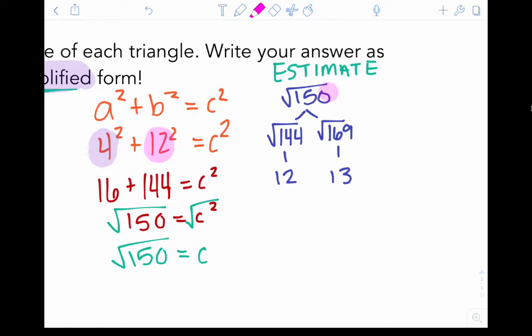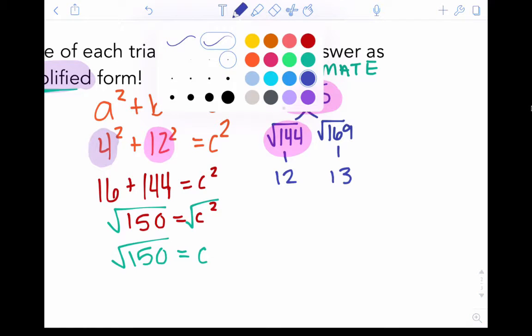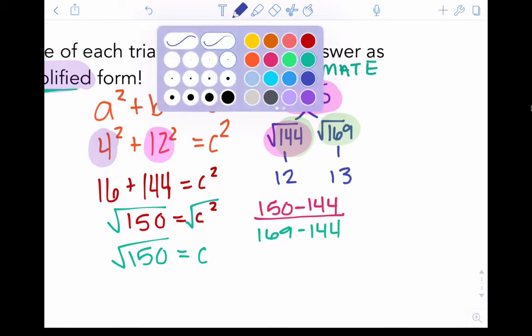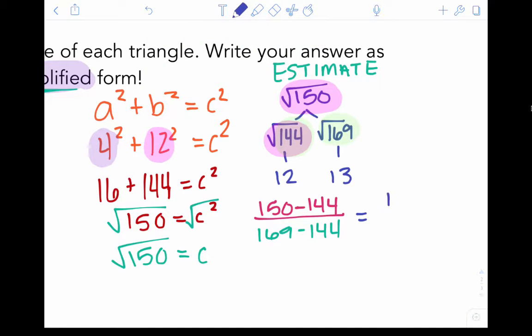Now I need to take the square root minus the smaller. So I have 150 minus the smaller, over the larger minus the smaller. So 169 minus 144. Now that gets me 6 over, this is 25.